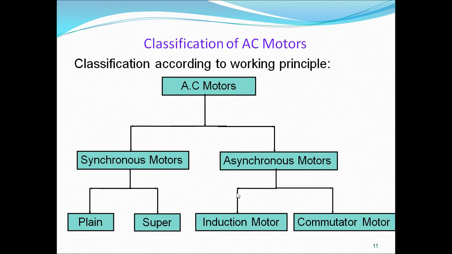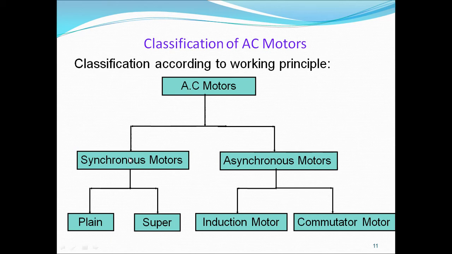So there are two classifications. AC motors are classified as synchronous motors and asynchronous motors. The synchronous motor is classified again into two types: plain motor and super motor. Asynchronous motors are induction motors and commutator motors.